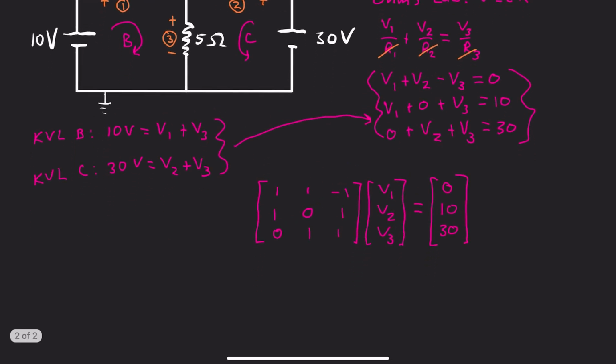Now there are computer tools and even tools on your calculator that can solve this rather easily. My calculator is a Casio FX991EX, and it will solve this system of equations with 3 unknowns. Now I'm going to type that in.